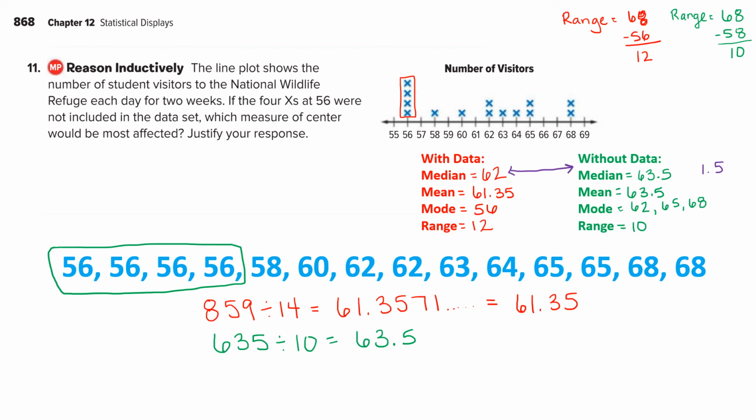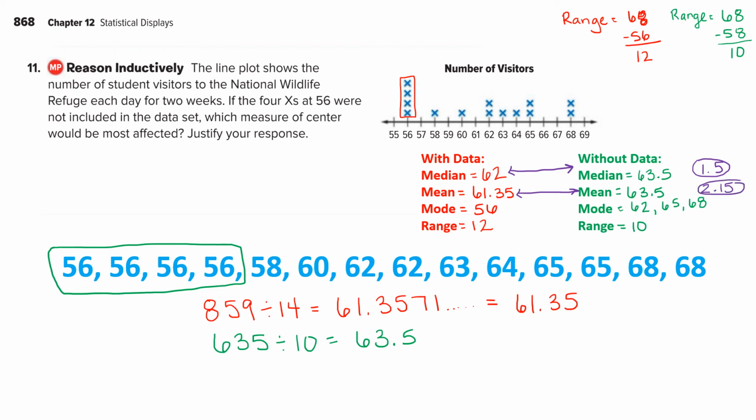Okay, now let's take a look at the mean. The mean did change. Sorry, I lost my pen again. Okay, so the difference here, the mean went from 61 and 35/100ths to 63 and 5/10ths. That's a change of 2.15.